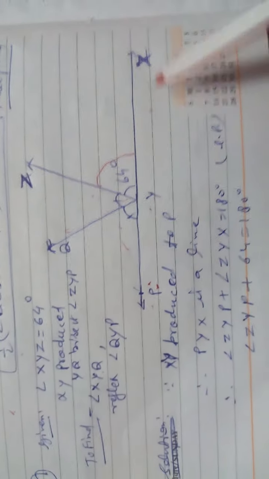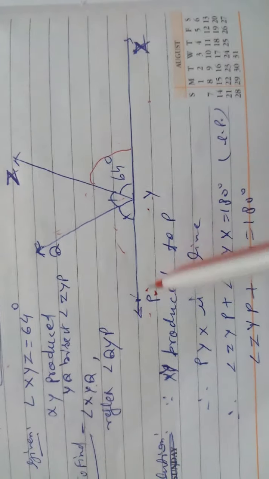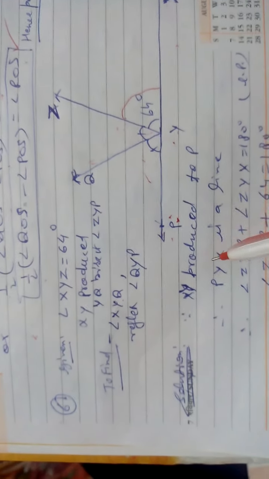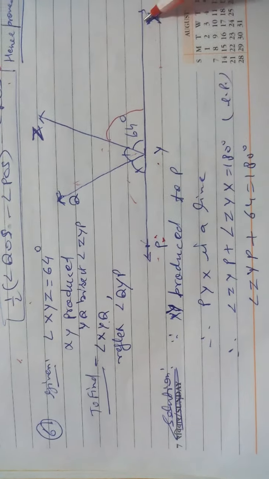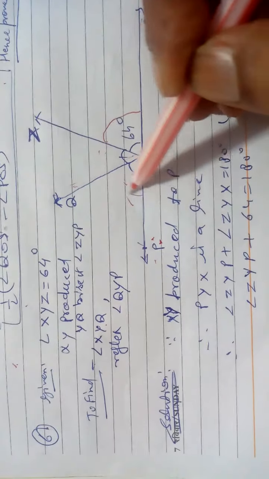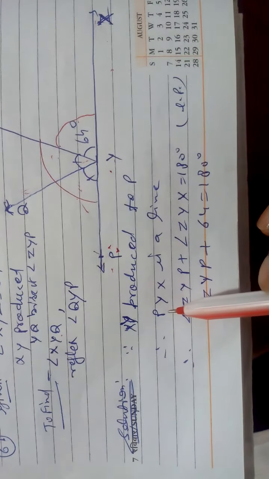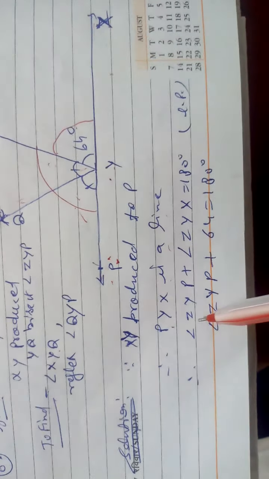First of all, because XY is produced to P, it is a straight angle, or not? XY produced to P means it is a straight line. So what is the sum of this and this angle? This plus this, the red line. PY is a line, it means ZYP.